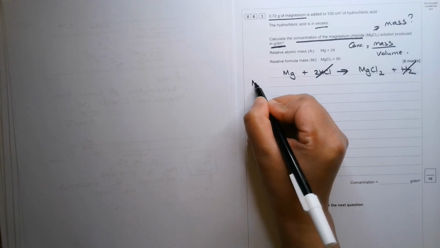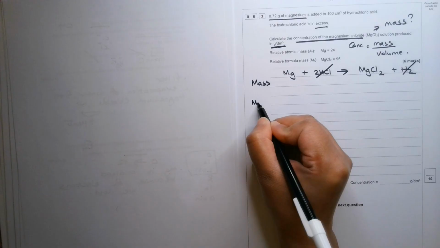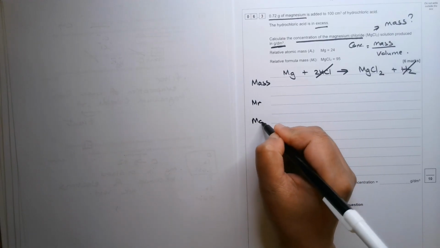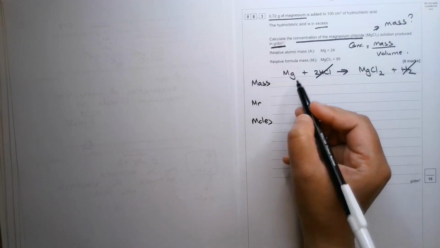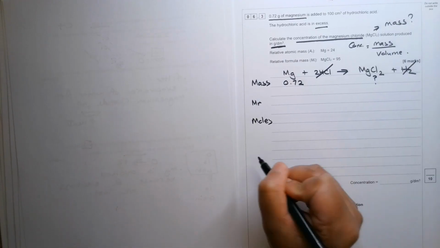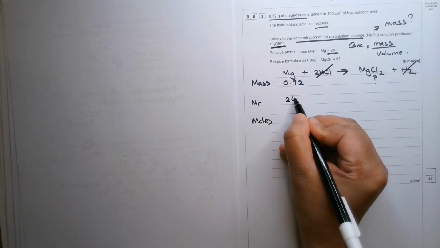So let's work out the moles of Mg. So mass, what am I doing next? Mr or Ar, and then moles. So do the scaffolding like that. So magnesium, my mass is 0.72. Mr or Ar in this case, relative atomic mass, that's 24.